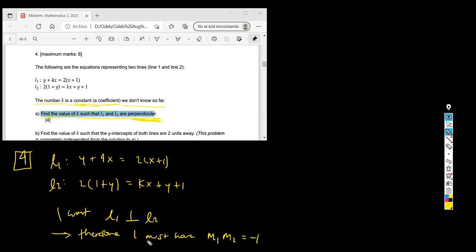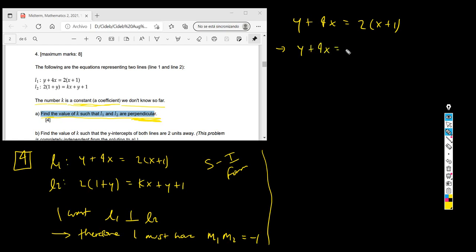This is what I need. So first, let's find those two slopes, m1 and m2. How do I find them? I just put my lines into slope-intercept form. That's it. So I take a look at this equation, and I give them this form, the slope-intercept. For example, for the first equation, I'm gonna shape it into slope-intercept form. Here we go.